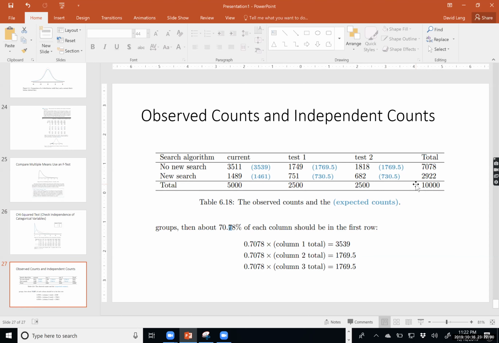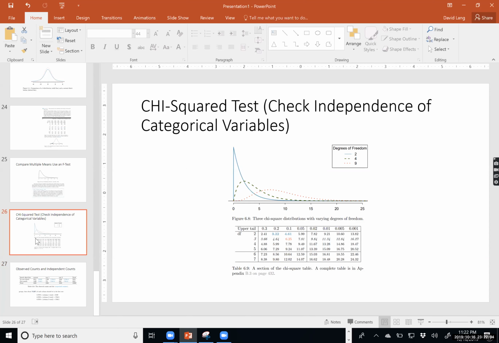And then you will again go to one of those statistical tables, or rather let SPSS do it for you, and that will inform you whether or not it's statistically significant.